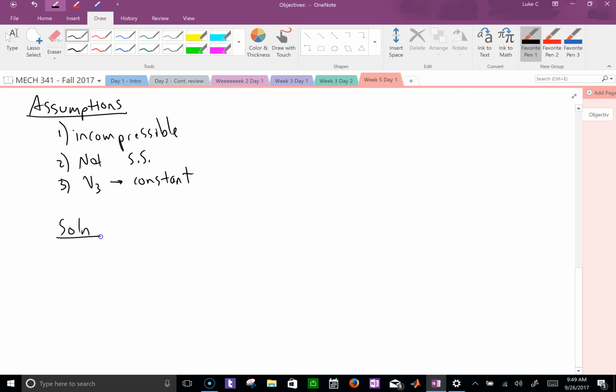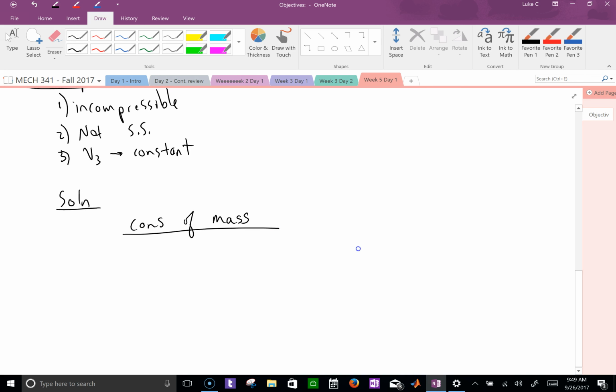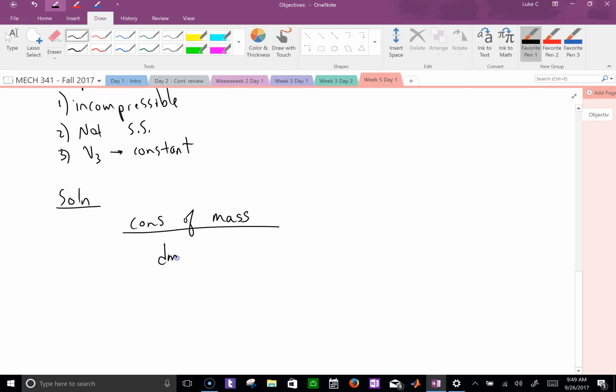All right, so let's do this. Solution. We're going to start with the conservation of mass. dm of the system/dt equals the summation of m dot in minus the summation of m dot out.